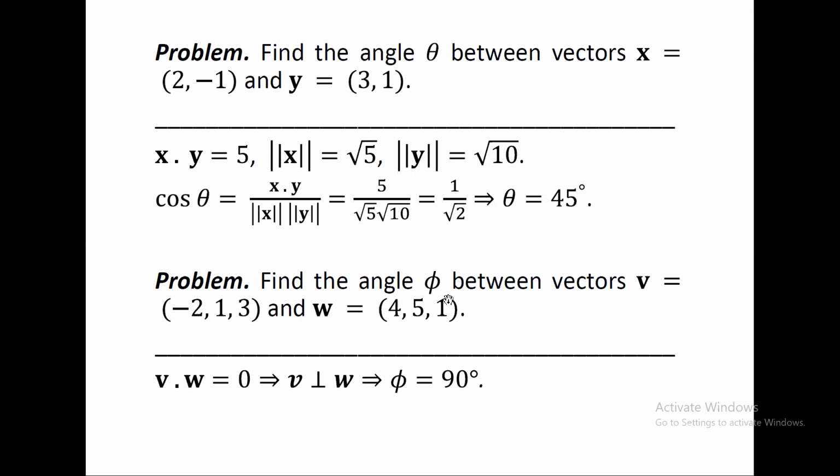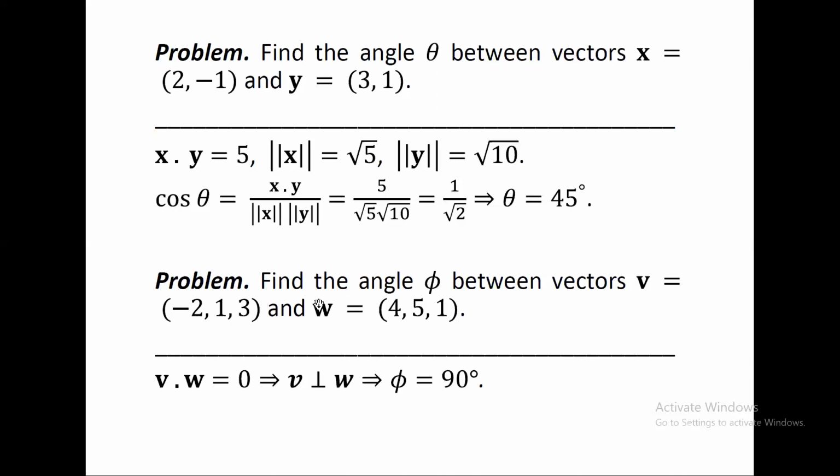Similarly, you can find an angle phi between two vectors v equal to minus 2, 1, 3 and w equal to 4, 5, 1. Whereas the previous ones were vectors in the vector space R squared, these are vectors in the vector space R cubed.